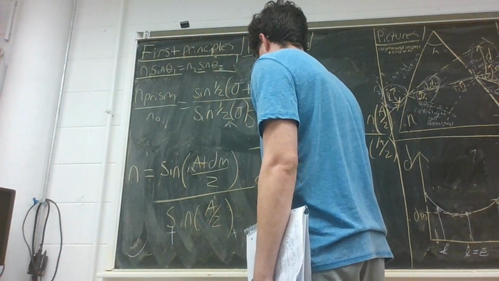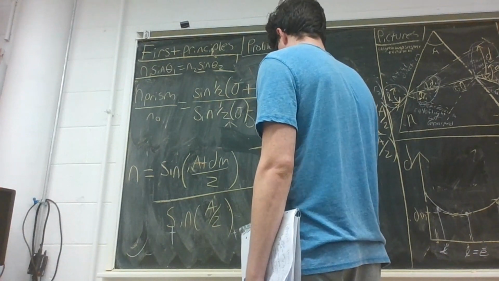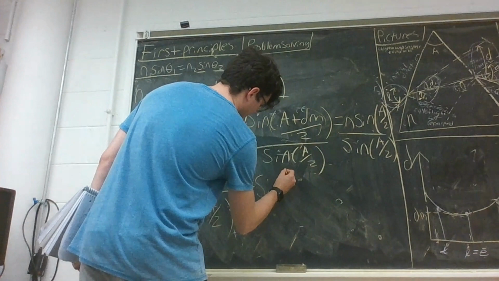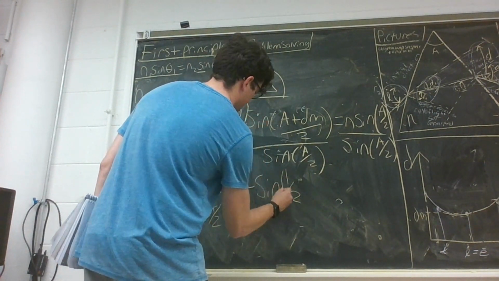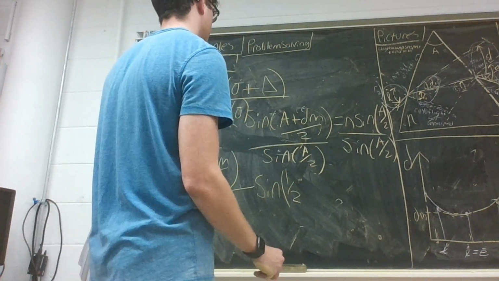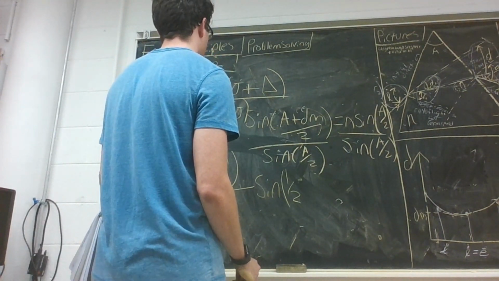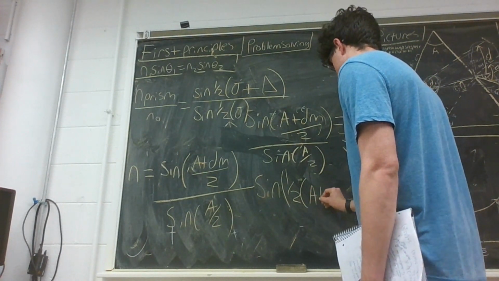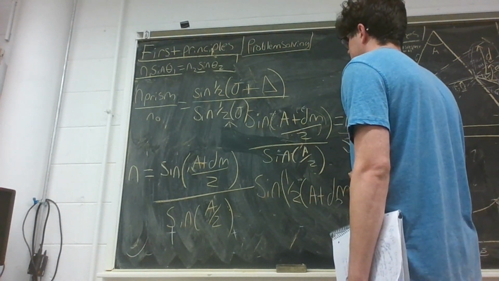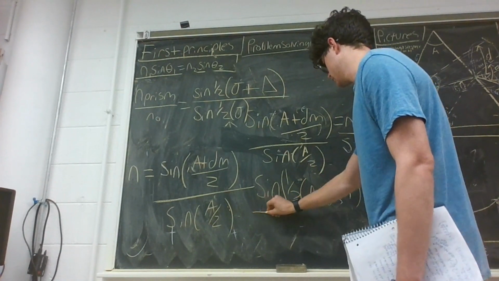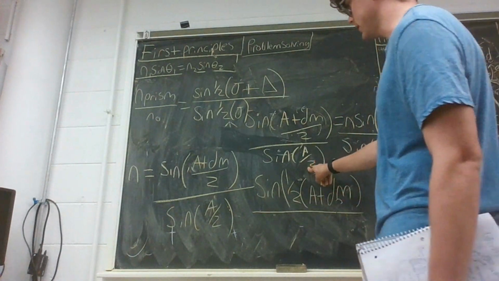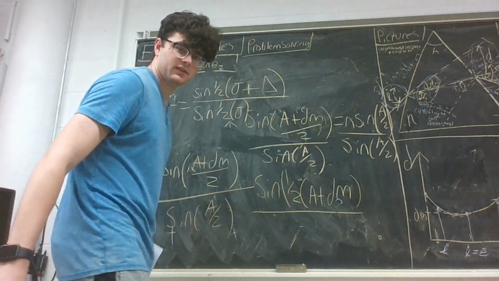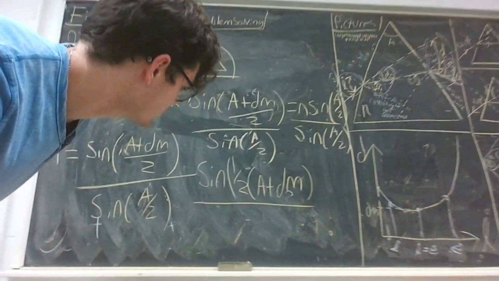So it's going to be sine 1/2 of A plus dm. Same with this part right here, I'm just going to pull the 1/2 out of this.